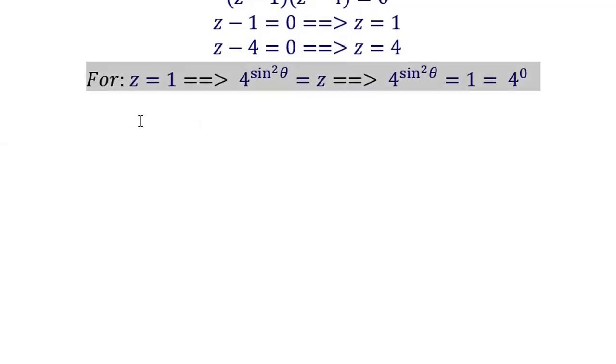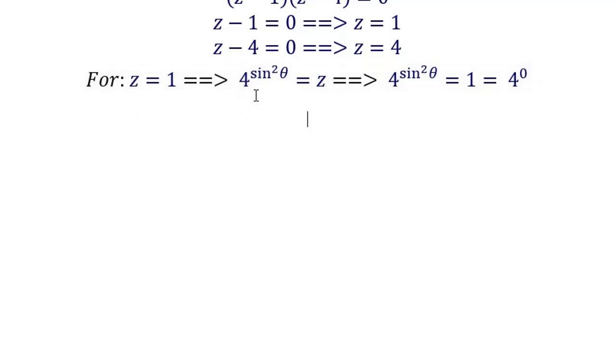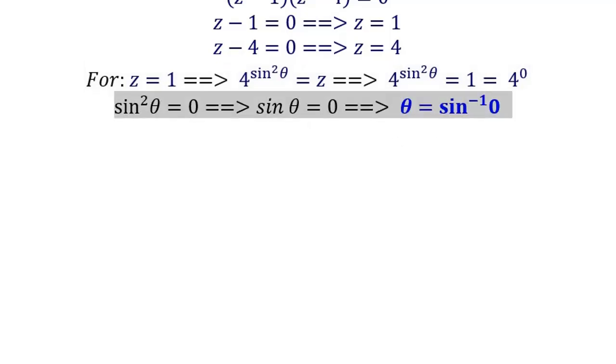Now for z equals 1, 4 to the sine squared theta equals z. That means 4 to the sine squared theta is equal to 1, and 1 is 4 to the 0. That means sine squared theta is equal to 0.